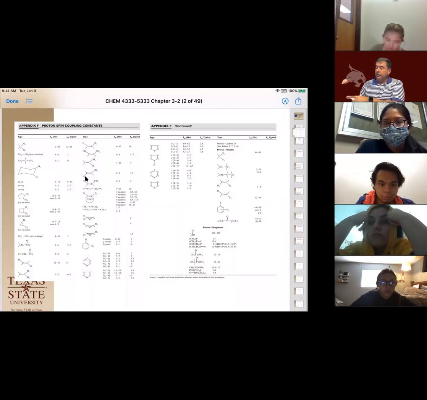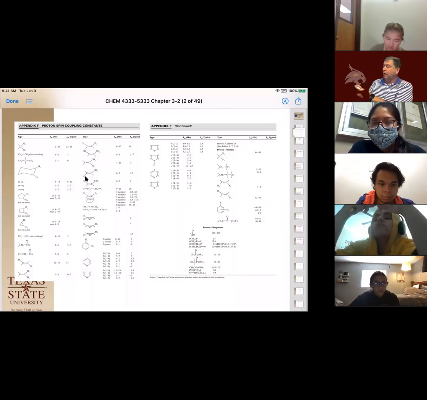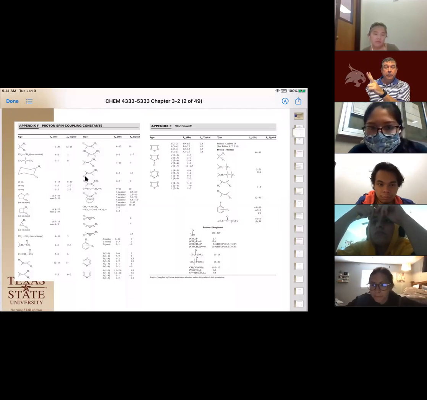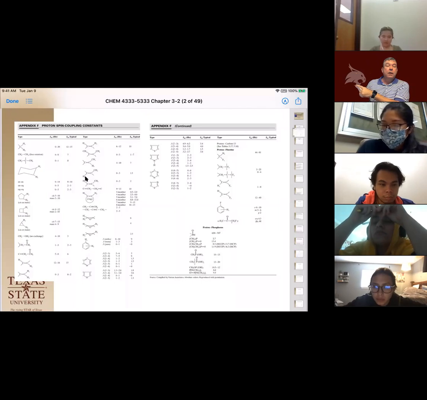And notice in the first system on this first page, this is a coupling constant for a 2-bond, okay? It's typically between 12 and 15 hertz, but the full range is between 1 and 30 hertz. So you typically see it around 13 or 14.